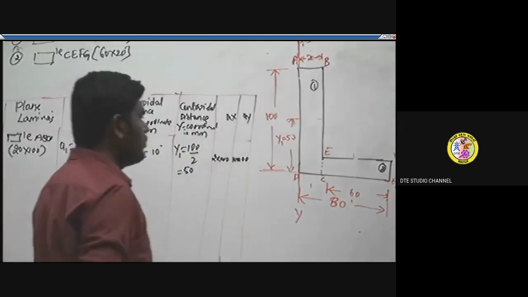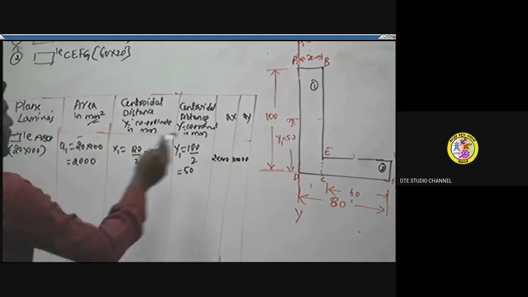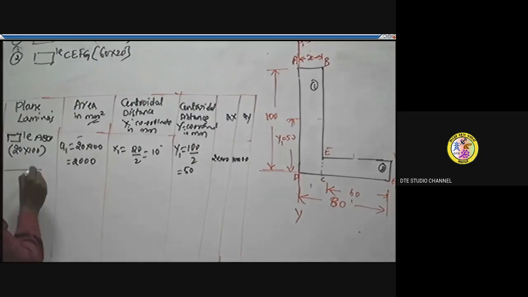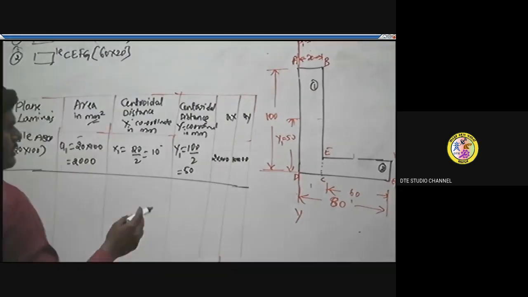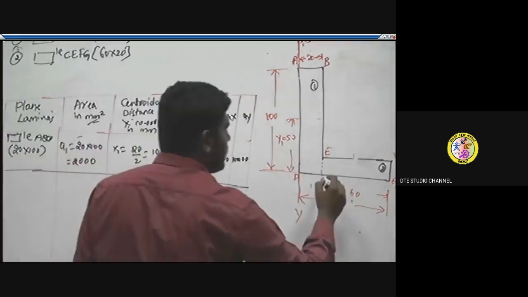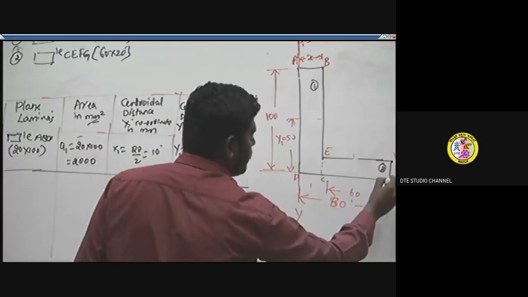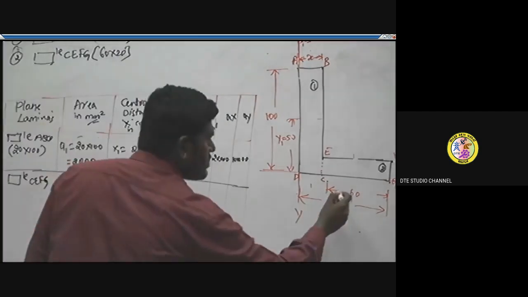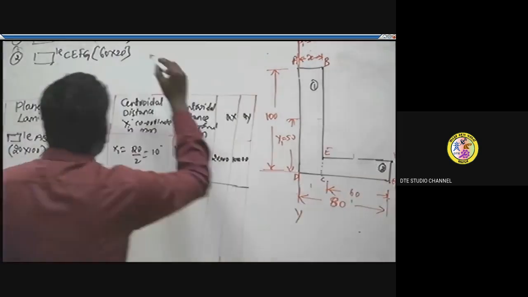So this is the value we got, the product of area and its y coordinate centroidal distance. So if you do the same for the second lamina, rectangle CEFG, its cross section is 60 into 20, as I have written here.